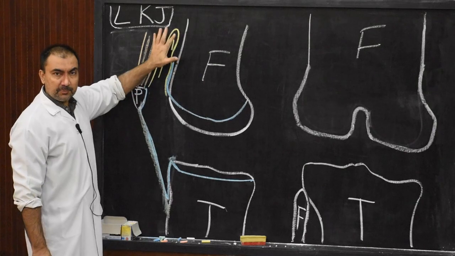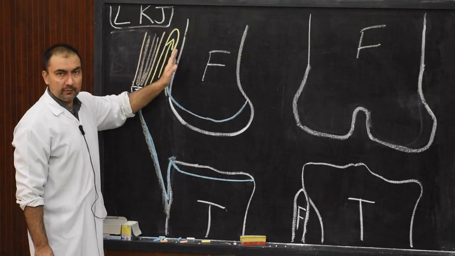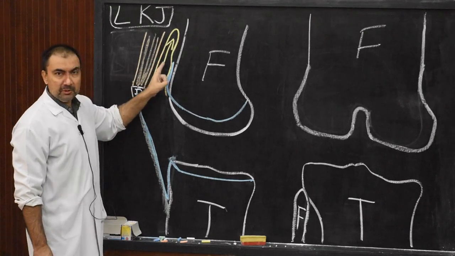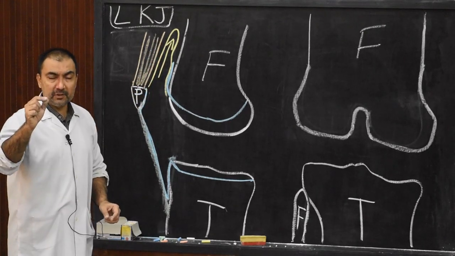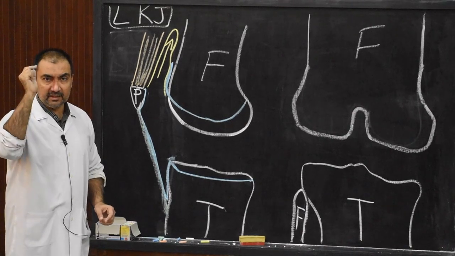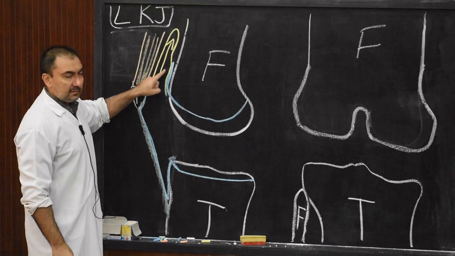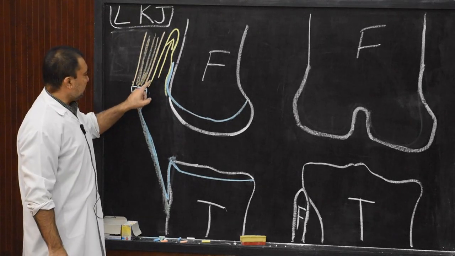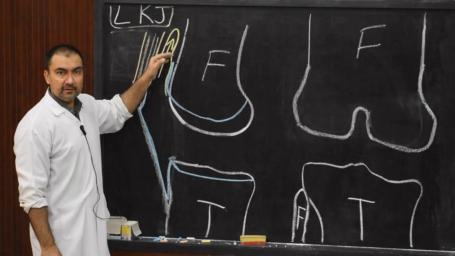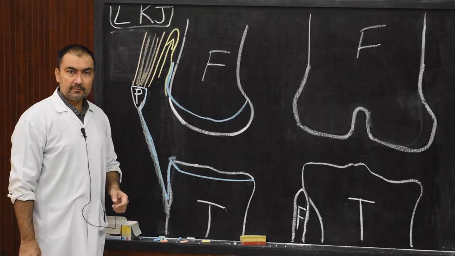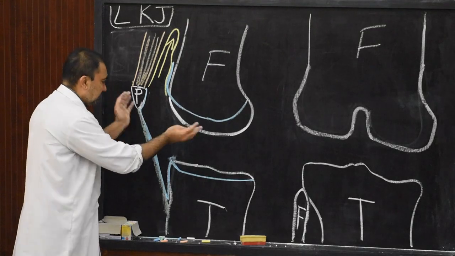So in the space between the quadriceps femoris muscle and the anterior surface of lower end of femur, there is an outpouching of suprapatellar synovial pouch or suprapatellar synovial bursa, and that outpouching is because of deficiency in the capsular attachment above the level of patella. So this much we have understood. This is the entire attachment of the capsule.